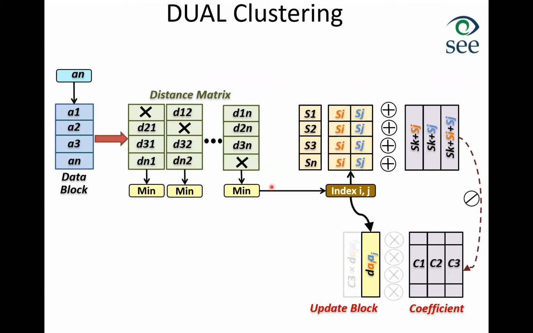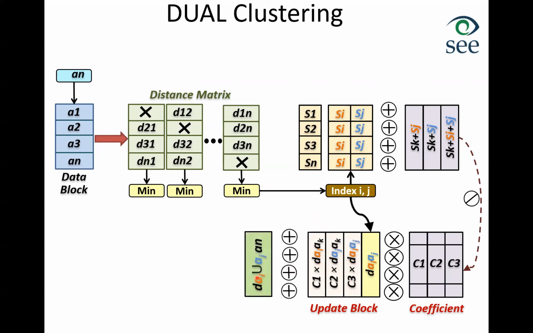After that, we multiply the Ward coefficients with these relative distance values in order to find the distance of every data point with the merged AI and AJ, the two data points that have been selected to be merged.